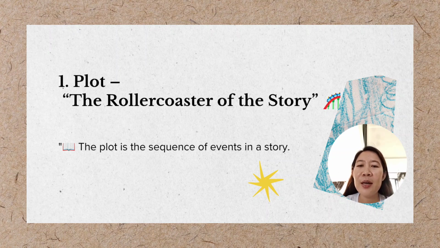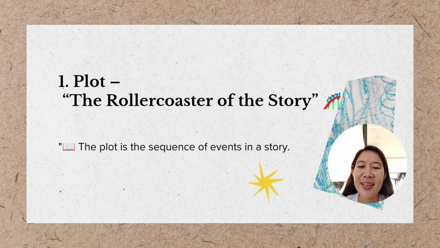It typically follows the five-part structure: the exposition, which is meeting the characters and the setting; the rising action, things get spicy, conflict begins; the climax, the dun dun dun, the most intense moment; the falling action, which is when things calm down; and the resolution, or they lived happily ever after.